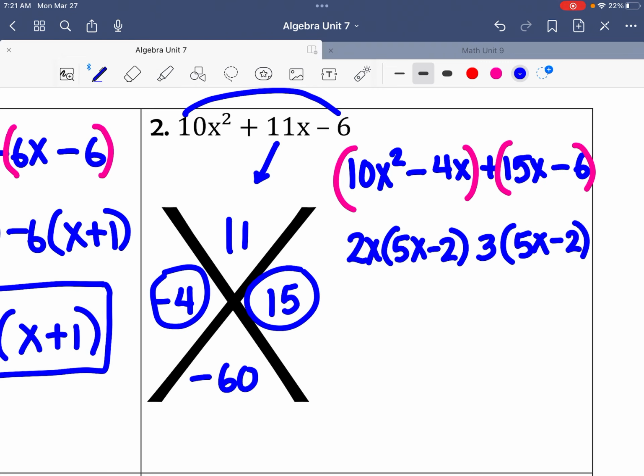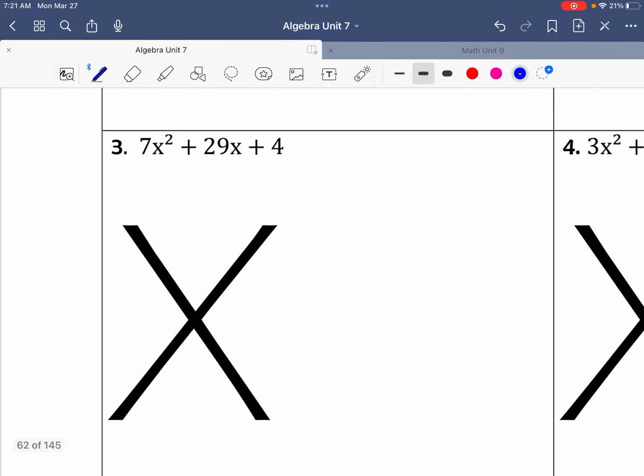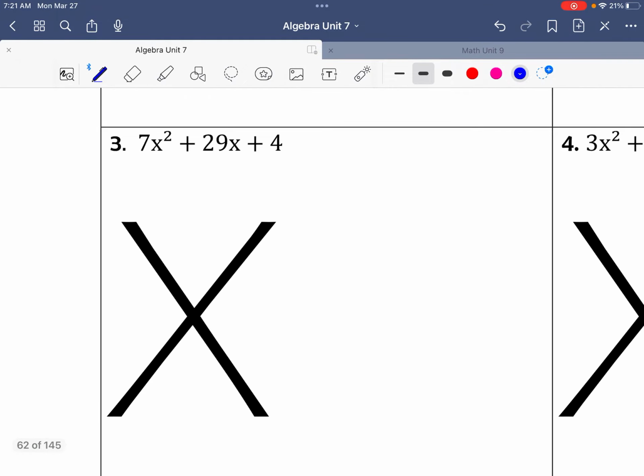So my factors are 2x plus 3 times 5x minus 2. Sorry, I forgot to write my plus sign there. So very simple, very easy system. I'm going to do the next two with you, and then you can do your homework. And if you like to do the slip and slide on your homework, go right ahead. This is just another way that I find easier, and it may not be that way for you.